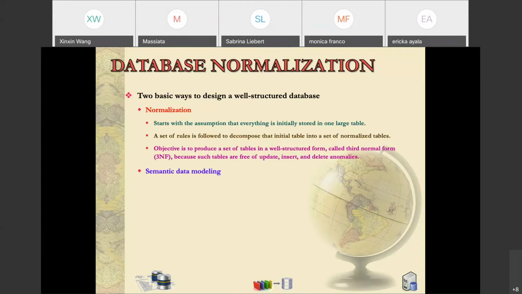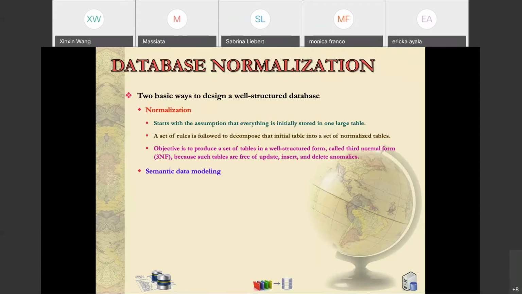The objective is to produce a set of tables that makes it easier for people to avoid update, insert, and delete anomalies, right?